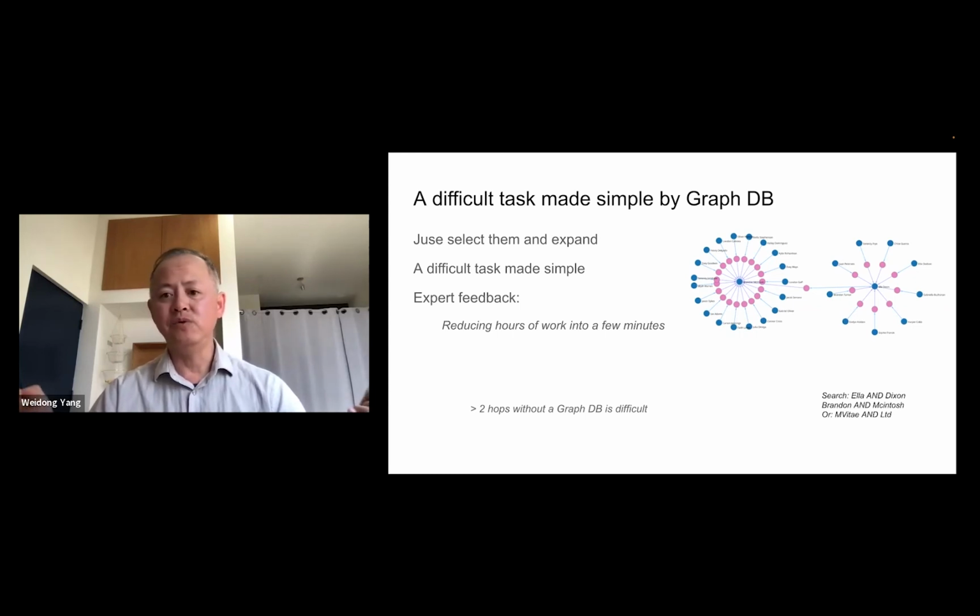So once you have a graph database and approach your data as a graph, this can be simplified to mere minutes. This is not just a productivity efficiency gain, but really a fundamentally qualitative change in the work you can perform.